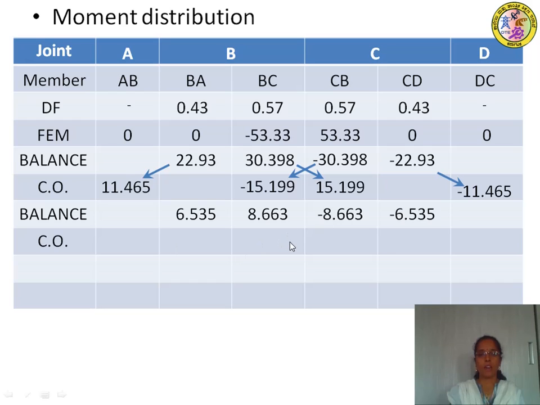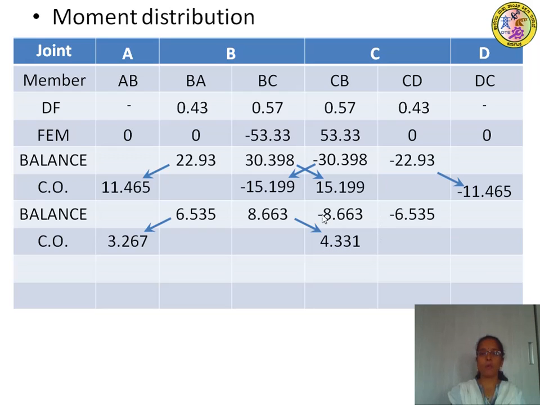So moments are carried from BA to AB. So half of 6.535 will be equal to 3.267. Moments are carried from BC to CB. Half of 8.663 will be equal to 4.331.